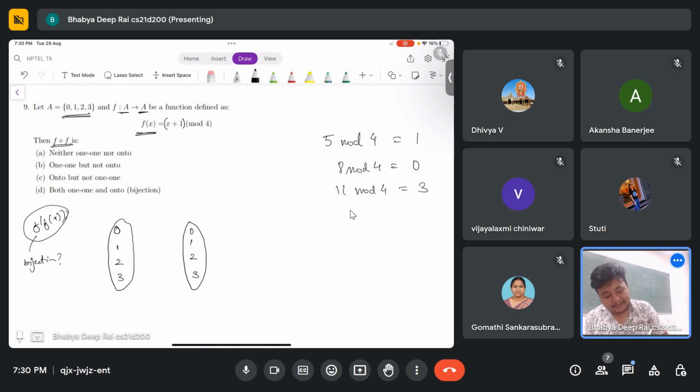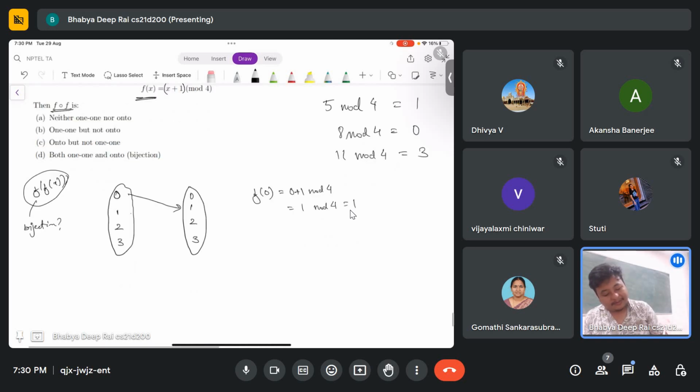So 0, f of 0 equals 0 plus 1 mod 4, which is equal to 1 mod 4. On dividing 1 by 4, I get a remainder 1, which is nothing but 1. Right? So 0 maps to 1.